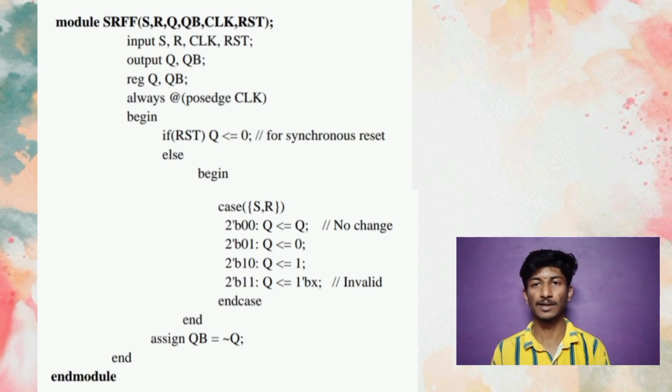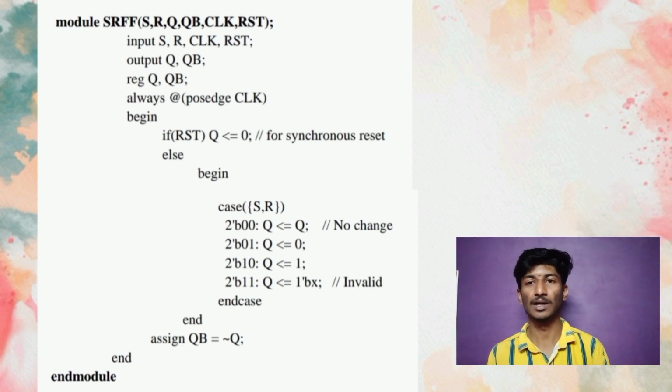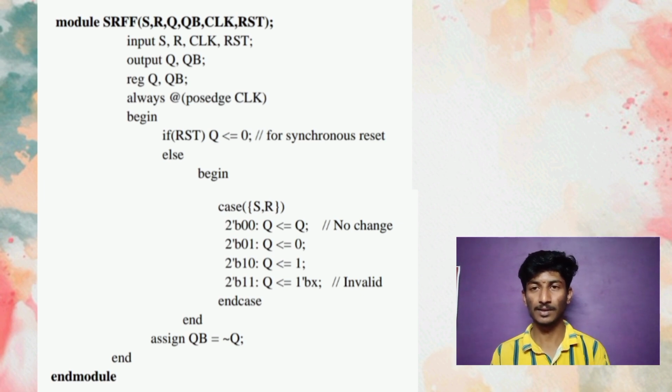Outputs are Q and Q bar, and we are using Q and Q bar as registers. The actual code starts with always at positive edge of clock. If reset, that means when we provide 1 for the reset, it will reset the value of Q as 0. Then the else part begins.